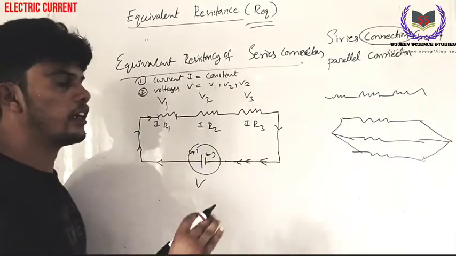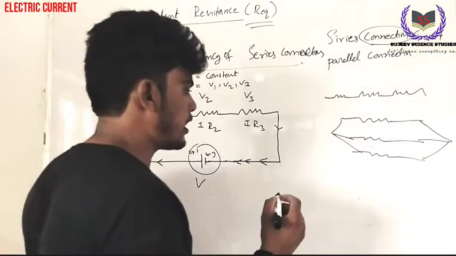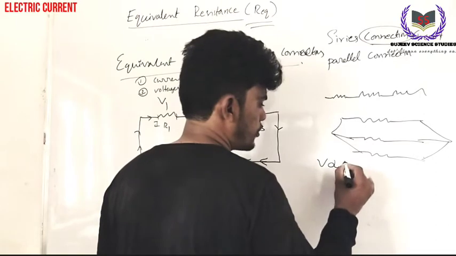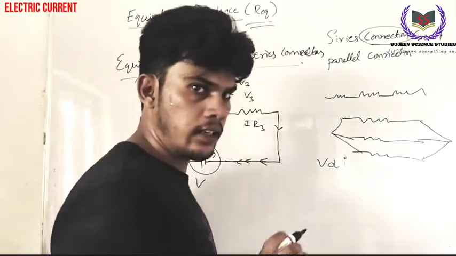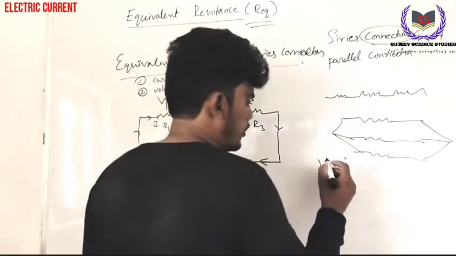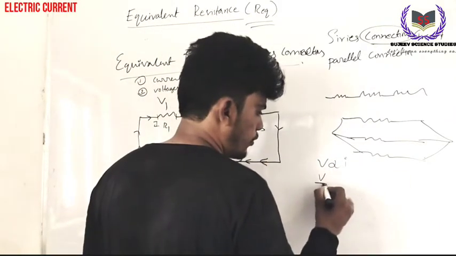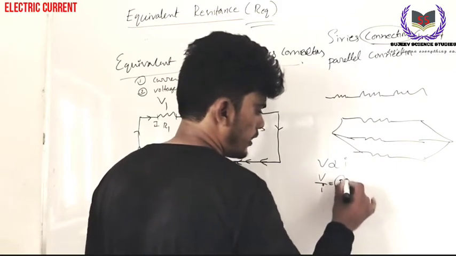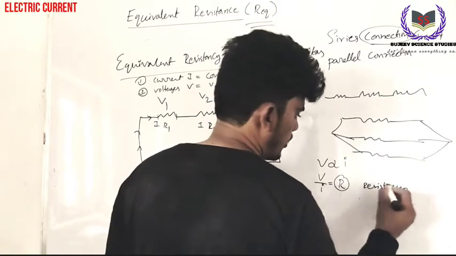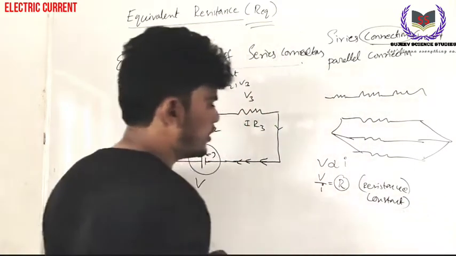Now come to Ohm's formula. We know Ohm's formula. What is Ohm's formula? As we discussed previously, voltage V is directly proportional to the current I. This is the statement of Ohm's law. Then if we add a constant, V by I equals R. So R is the resistance, and it is also called the constant of the circuit.